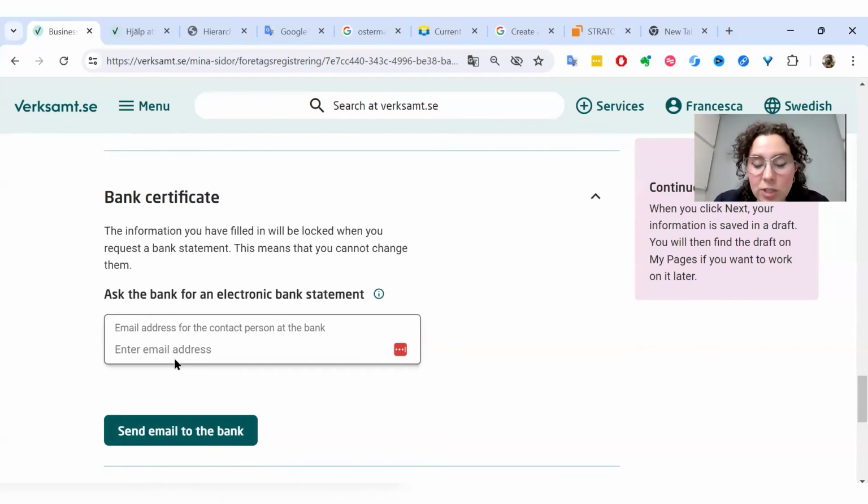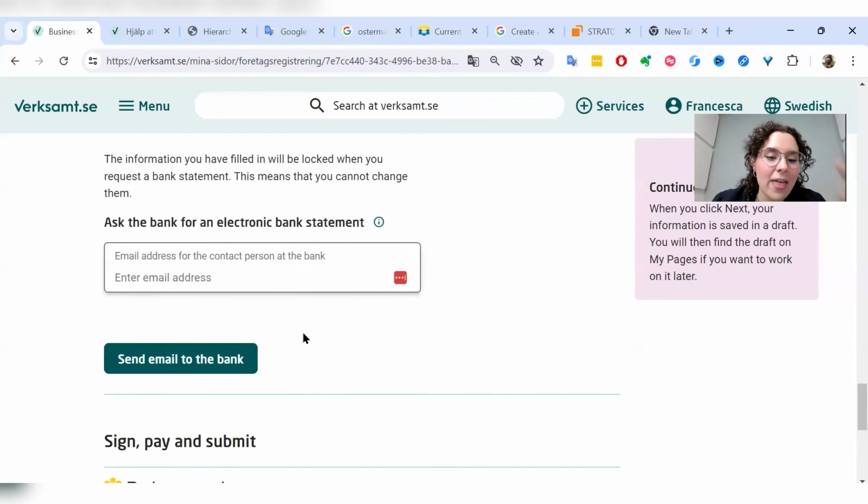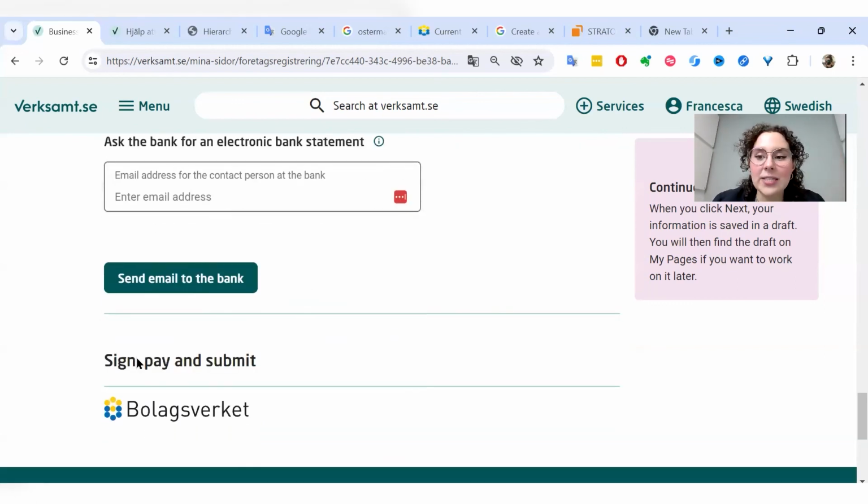So that's the email address you put in here. It's the bank person's email address that they give you after they set up the whole account and put the money in there. You click send email to the bank, and then the bank has to say, yes, indeed, I can confirm they got the 25,000 or however much starting capital you're going with. And then they send that information back to Verksamt and Bolagsverket. And then you can actually finalize this whole process.